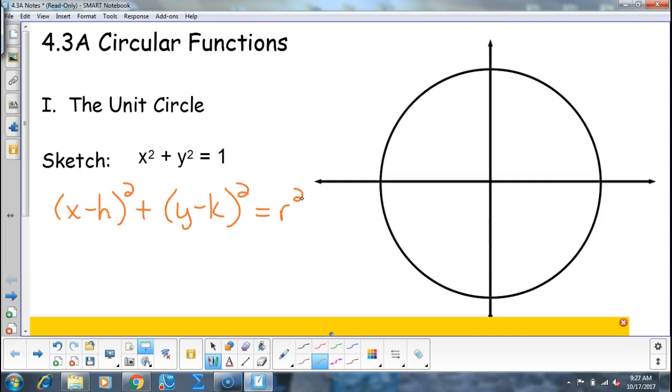That's the equation of any circle that has a center at the point h, comma, k, and it has a radius of r. Okay? The unit circle is a circle with a radius of 1. That's the unit circle. It's 1 unit. Hence why we call it the unit circle.